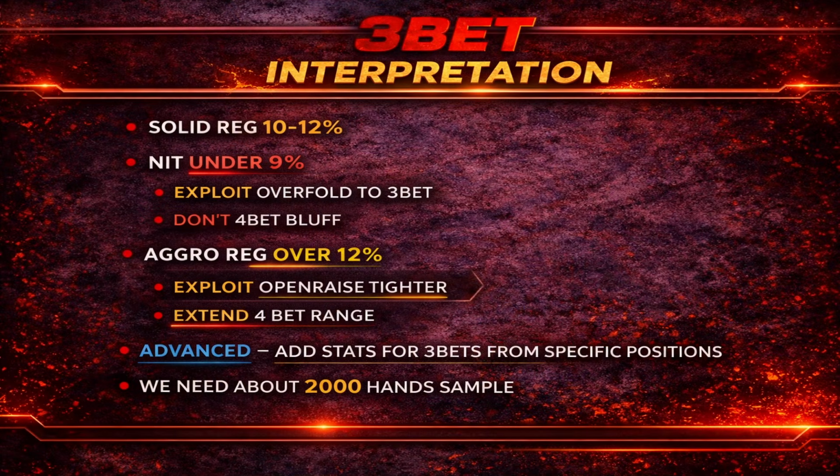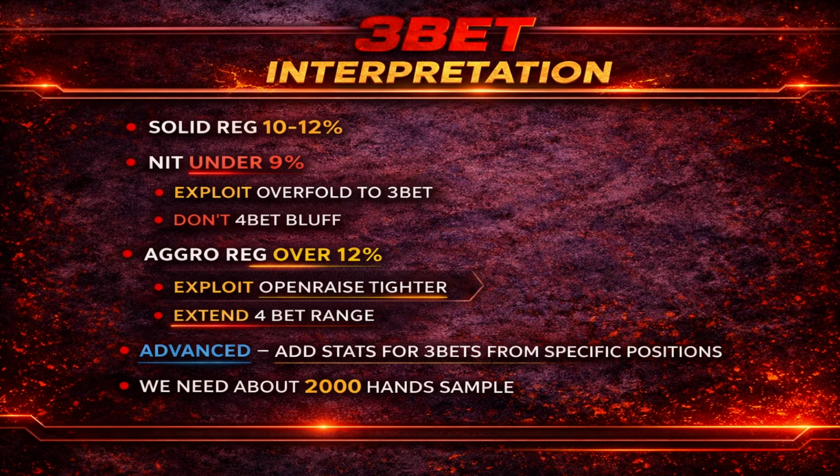Solid regs 3-bet around 10 to 12%. If somebody 3-bets under 9%, it's likely that he is a nit. We exploit by overfolding to 3-bets and we never 4-bet bluff. If somebody 3-bets over 12%, that's a very big indicator for an overly aggressive player, and we need to exploit by tighter openings.